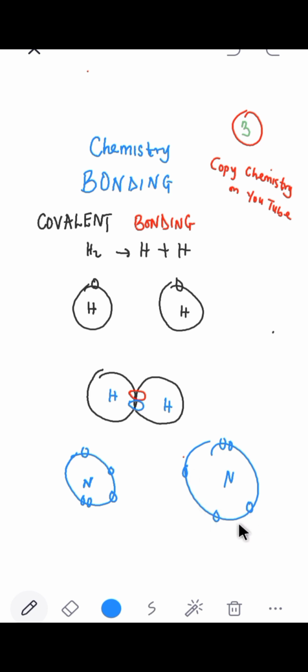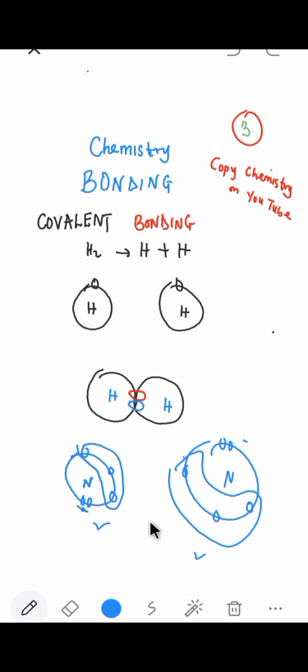So what happens here is that I could have these 3 combining with this 3 here. Imagine they contribute 3 each and share equally. It means this one will have 6, and this one will also have 6. If this one has 6, plus this 2 here gives you 8. Same thing happens here. That's why between nitrogen and nitrogen you have a triple bond, and between hydrogen and hydrogen you have a single bond. Okay, so that's how it works.